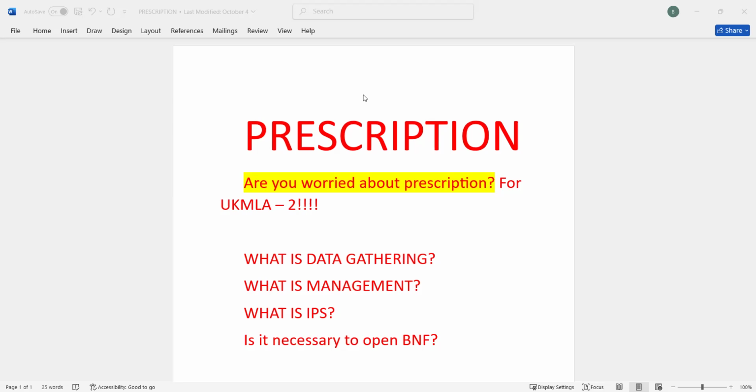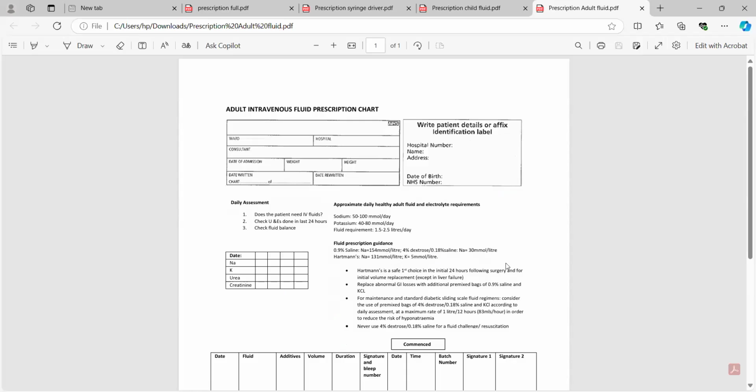I am going to share another screen with you guys. So here we go. There are these different prescription sheets I have collected for you guys, which usually appear in your exam.